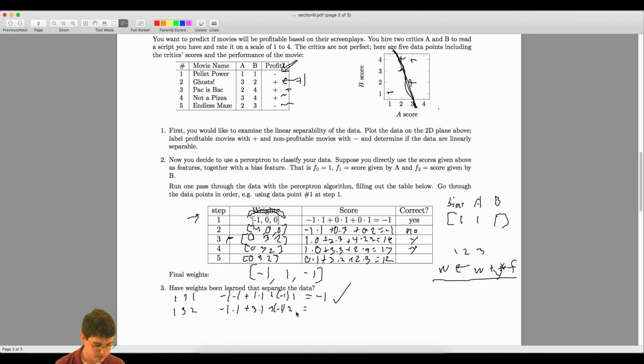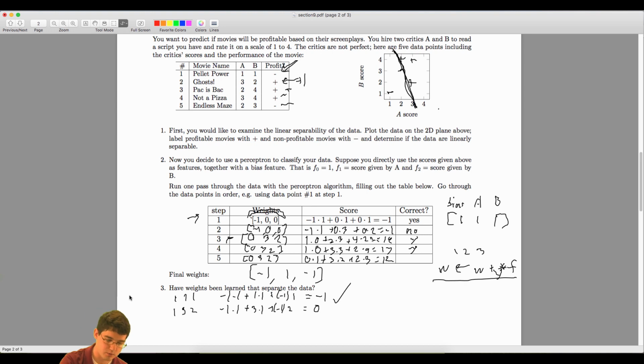Let's see, that's 3 minus 2 minus 1, which is 0. So this is a special case. What if it's equal to 0? Generally we tie-break by calling things that have a 0 a positive label.